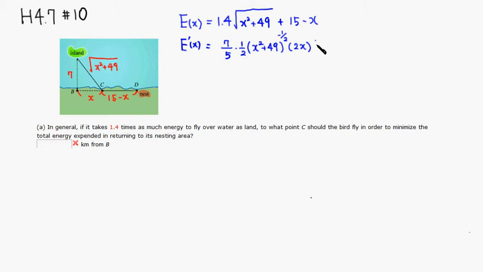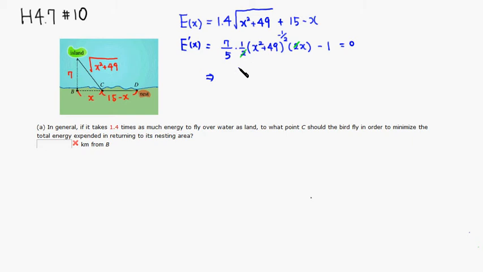Then the derivative of 15 is 0, and the derivative of negative x is negative 1. Then clean up a little bit: the 2 on the bottom and 2 on top cancel out.